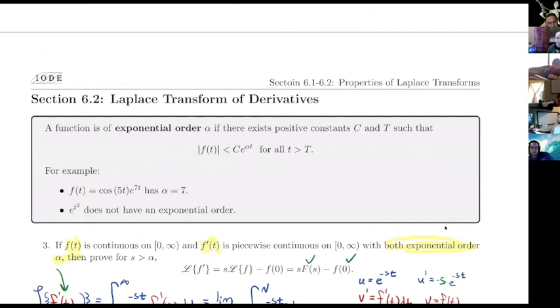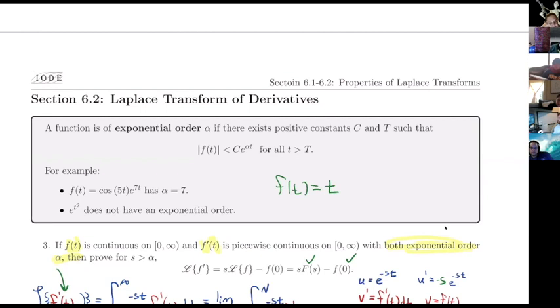So would t work, if it wasn't cosine 5t but just regular t, and there wasn't an e to the 7t, could we still say it has exponential order? Say that again. So you want to calculate the exponential order of what function? Of something without e to the 7t. So you can think about, here's a function f of t. What do you think its exponential order is? e to the t?